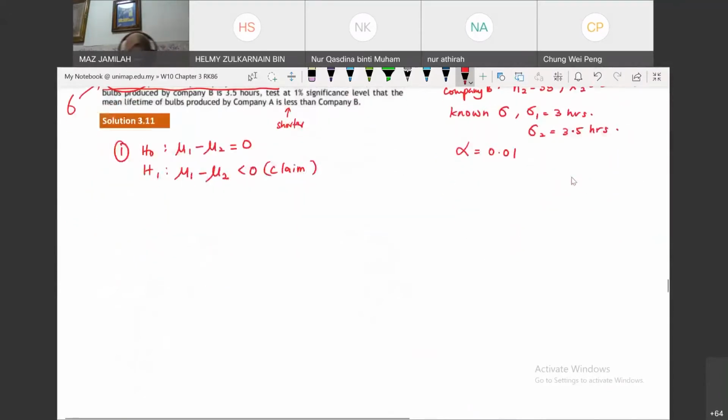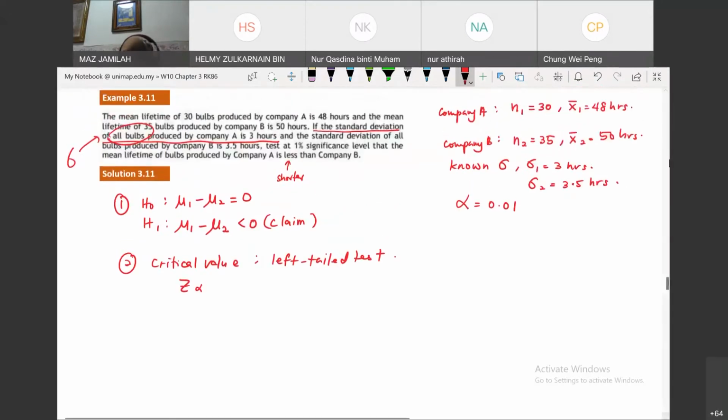Second step, if you are using the traditional method, find your critical value. Since we are dealing with a one tail test, that is a left tail test, with n greater than 30 and sigma known, it is Z alpha only, not Z alpha over 2, because it is a one tail test.